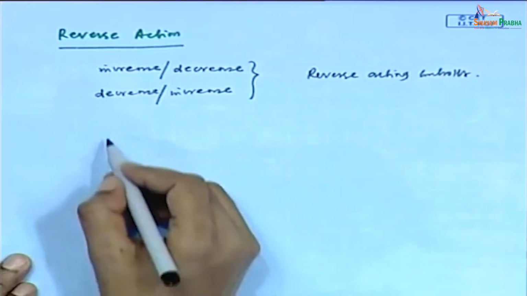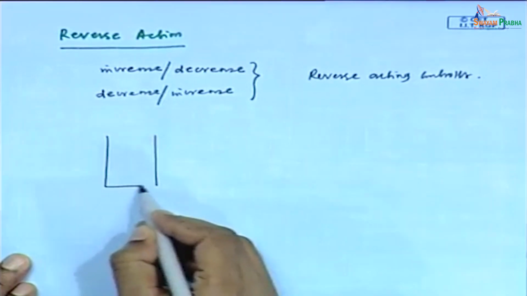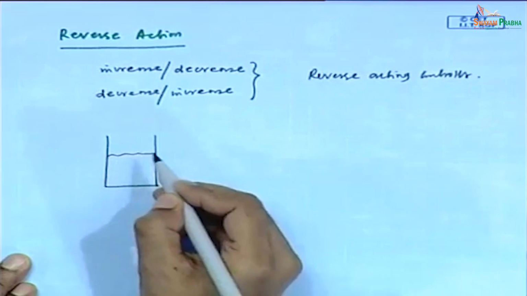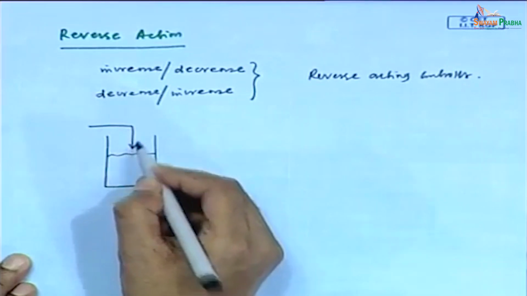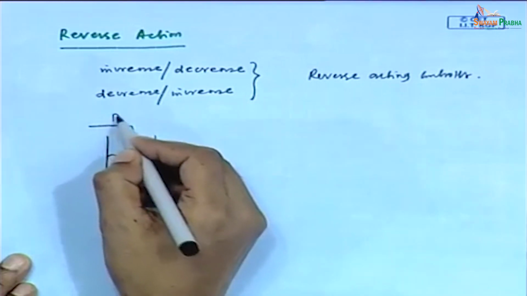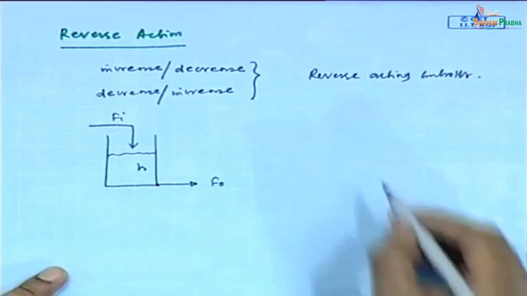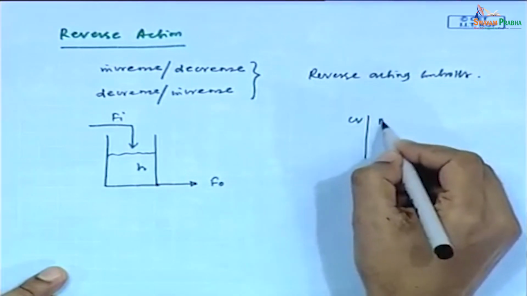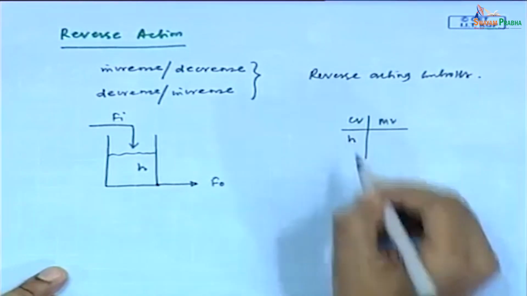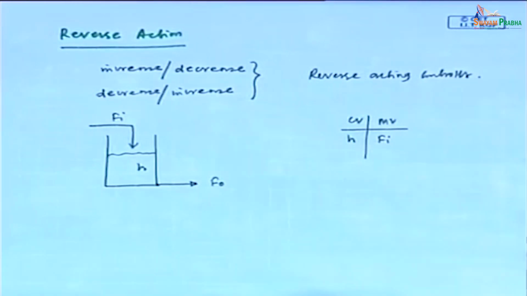Fine. If we continue the same example, what will be the manipulated variable for the reverse acting controller? Height is the controlled variable. So, Fi should be the manipulated variable for the reverse acting case.